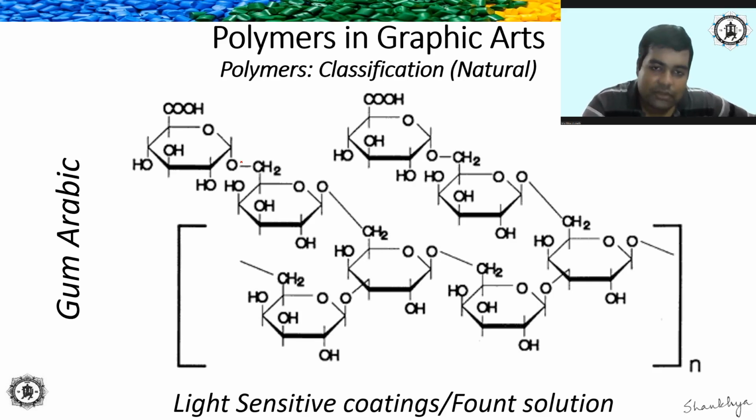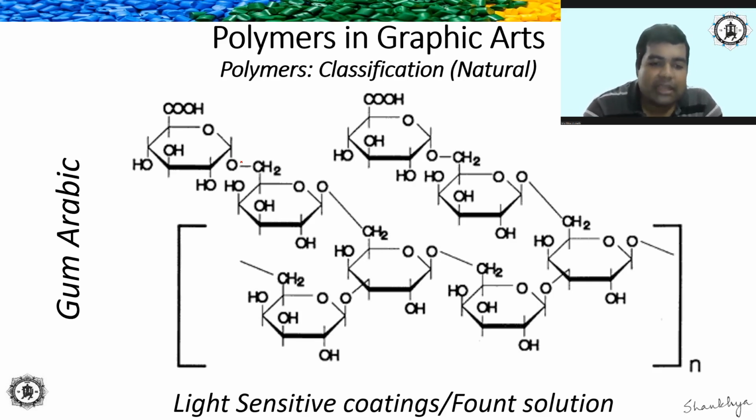If this gum arabic, which is used extensively in the fountain solution, were soluble in water, then the purpose of desensitization, or forming a uniform film on top of the non-image area, would fail.